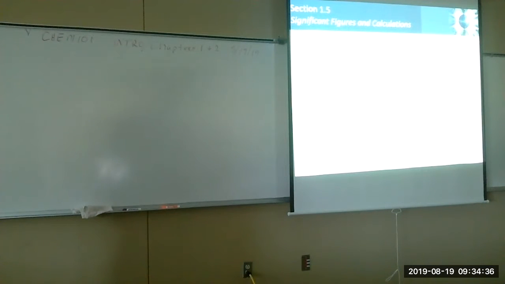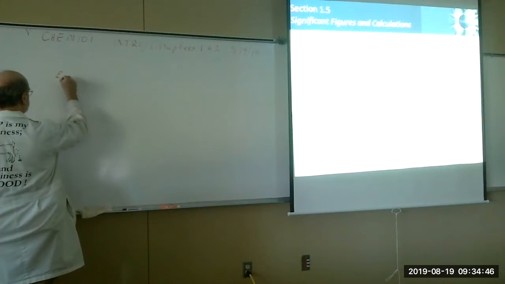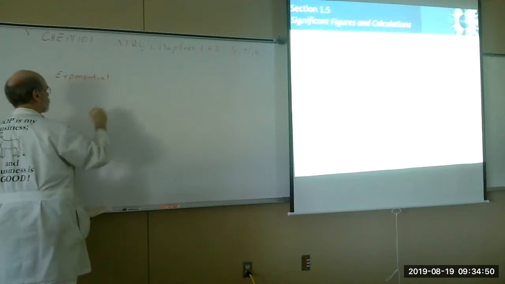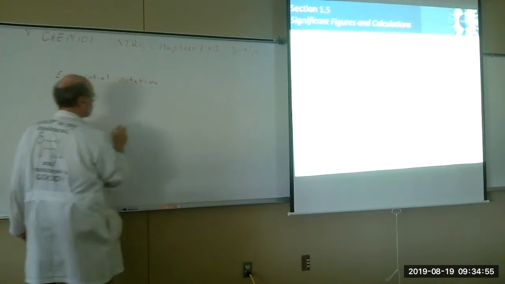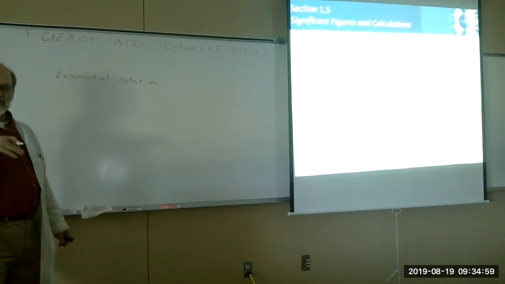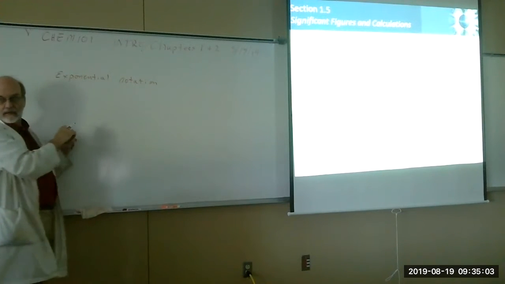Okay, exponential notation. Here's where I differ a little bit with the authors. Exponential notation is a general class in which you take a big number or a small number and you convert it to a coefficient times a power of 10. Right?